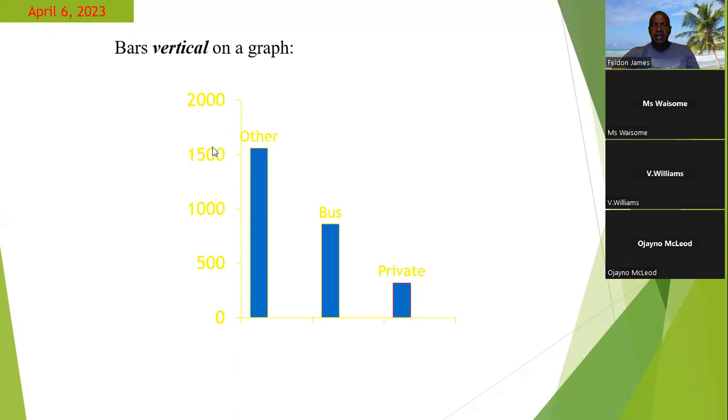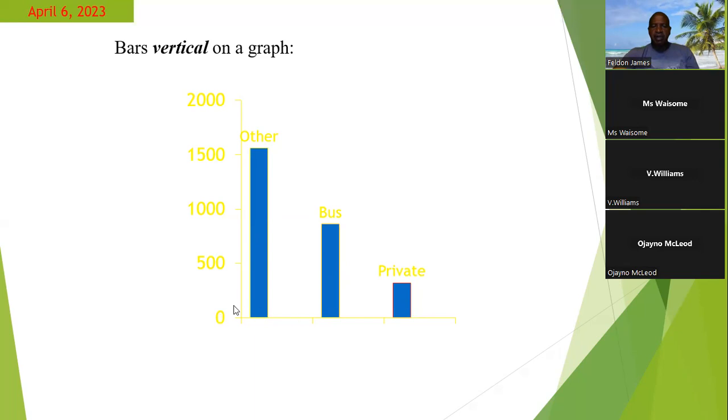So in the vertical bar, you notice we would have a vertical axis that measures the amount of the data, and you draw it up to 200. Remember that other method went up to about 1560 or something like that. So based on this scale, we would count off or measure on this scale based on the portion of the data that we have.